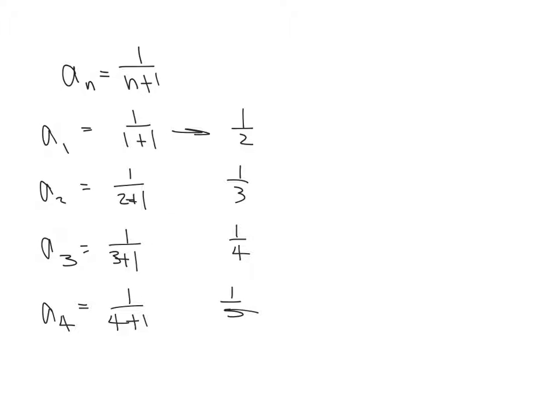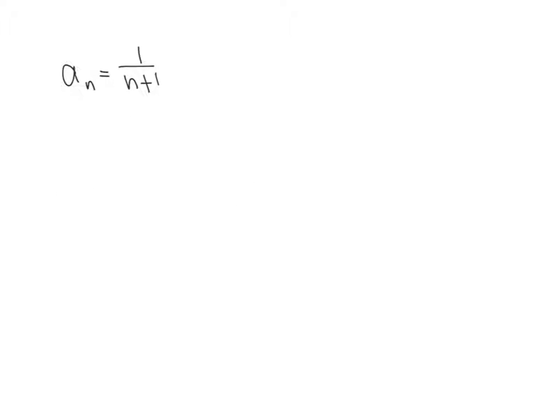All right, let's look at example number 3. And example number 3 goes a little bit different. Find the 5th and 6th terms of the sequence whose general term is given by. Okay, so we're interested in the 5th and 6th term. We're not interested in A1, A2, A3, A4. We're interested in A5.